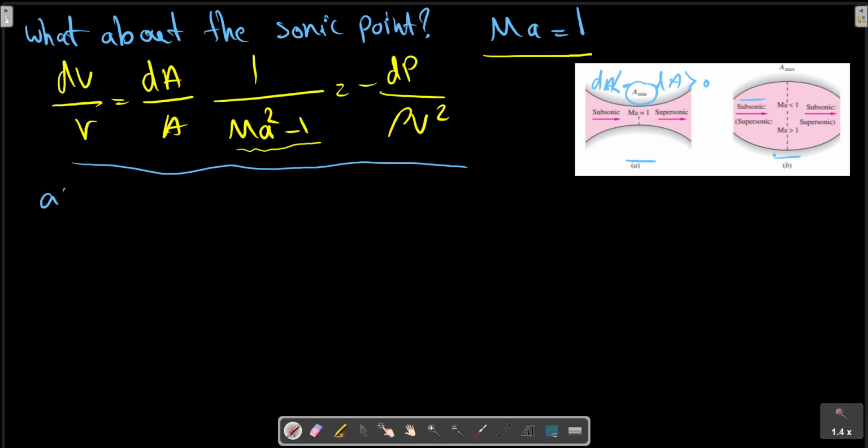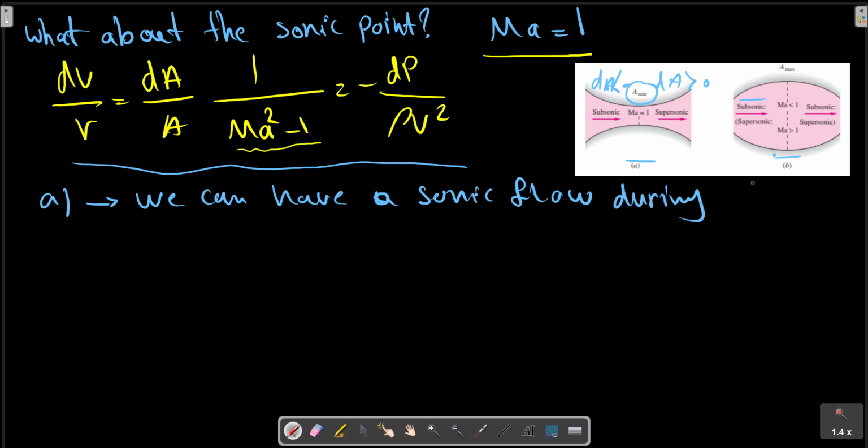In this case, we can have a sonic flow during the converging, diverging section.